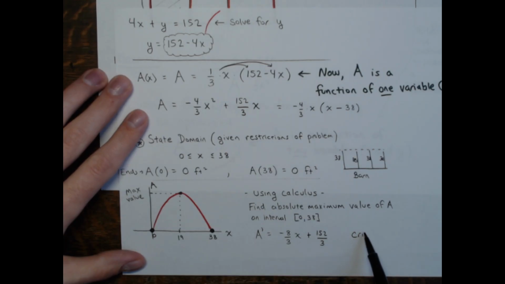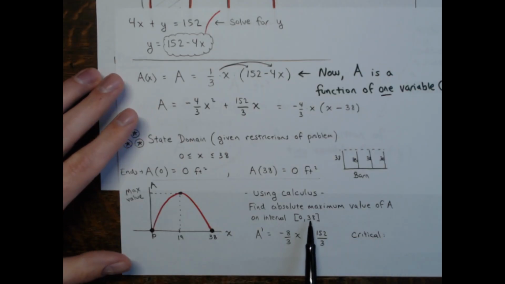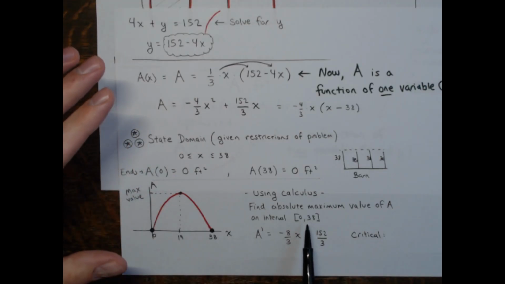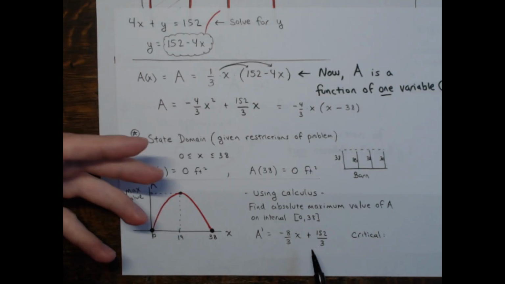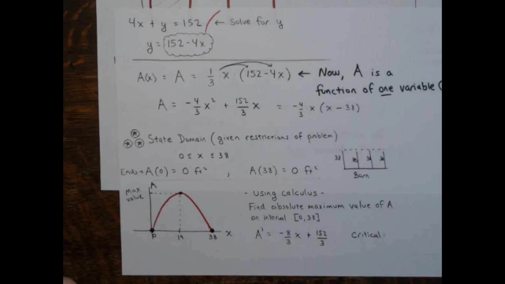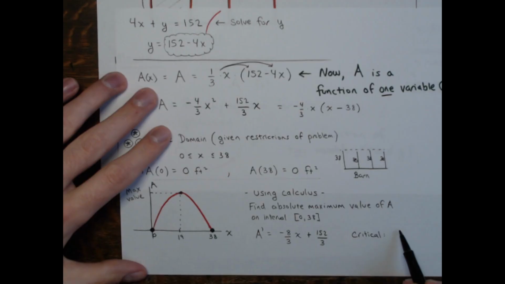And then you look for your critical values, which are values between the ends, in the interior of the domain, where the derivative is 0 or the derivative is undefined. Now this is a polynomial, so the derivative's never going to be undefined.